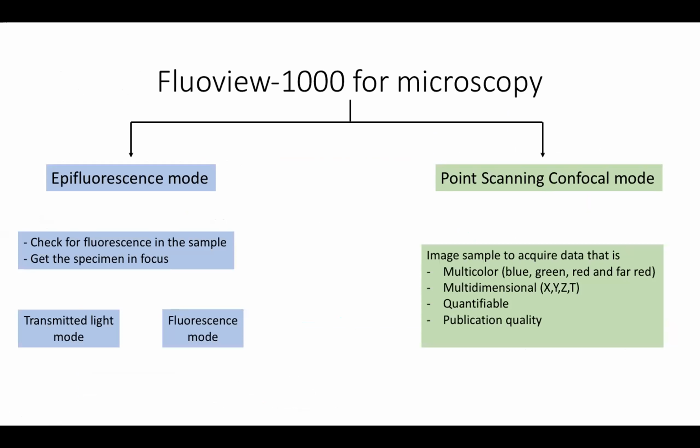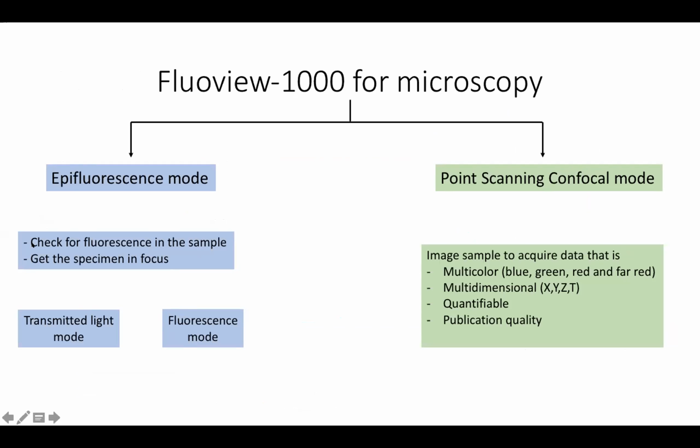All right. So going back to the Fluoview-1000 for microscopy, it has got two different modes. One is the standard epifluorescence mode, and the second is a point scanning confocal mode. Now, when it comes to the epifluorescence mode on Fluoview, we are going to use this mode to check for fluorescence in the sample, as well as to get the specimen in focus.